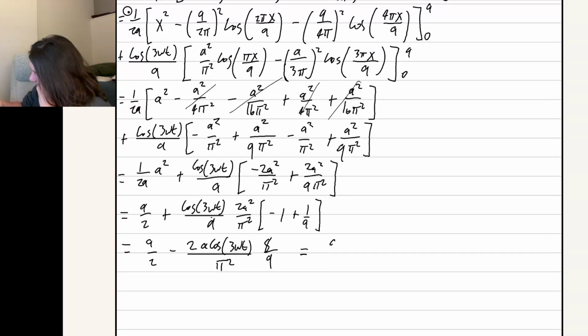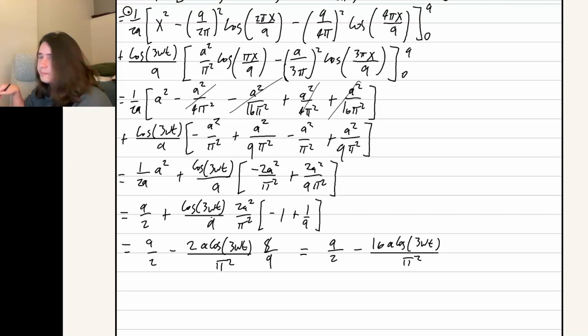Simplifying further, we got a over 2 minus 16a cosine 3 omega t over pi squared. We can simplify an additional factor of a over 2 from both of these. So we have a over 2 times 1 minus 32a cosine 3 omega t.